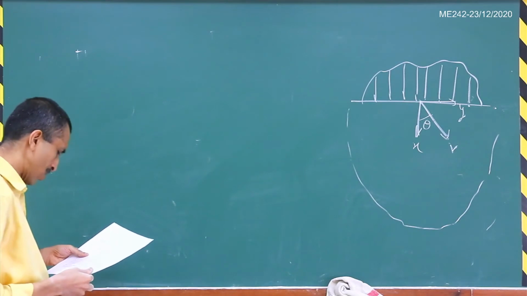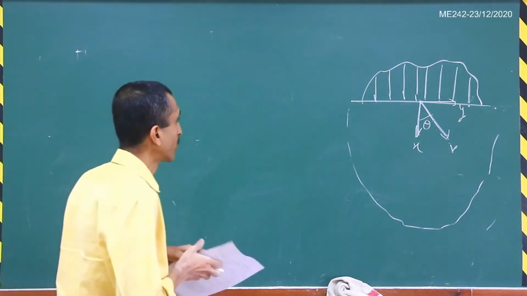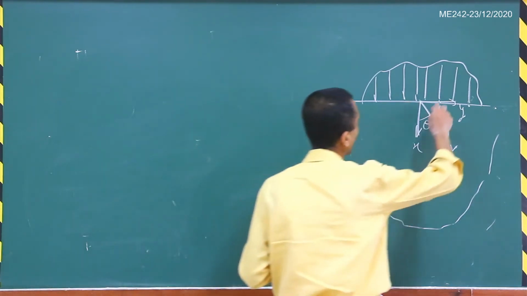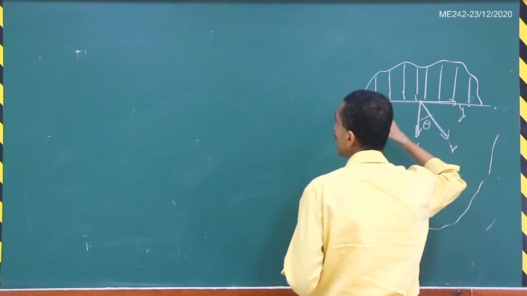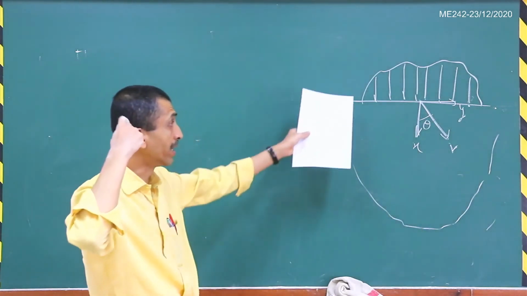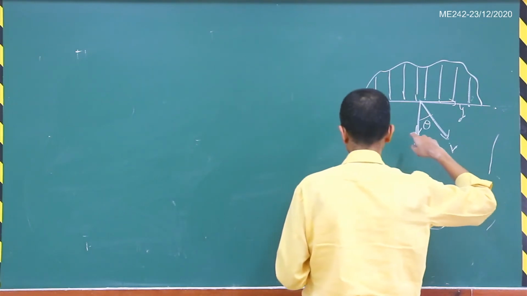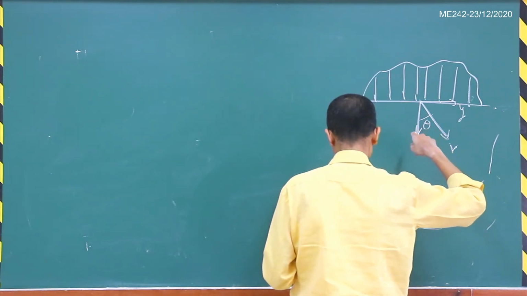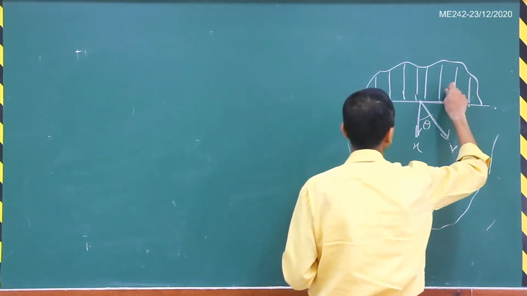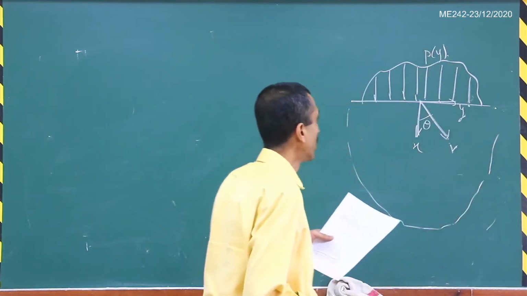In this particular case, suppose I need to find out what the solution is under this distributed load. Let us take this to be P of y. So this distribution, let me call it P of y.